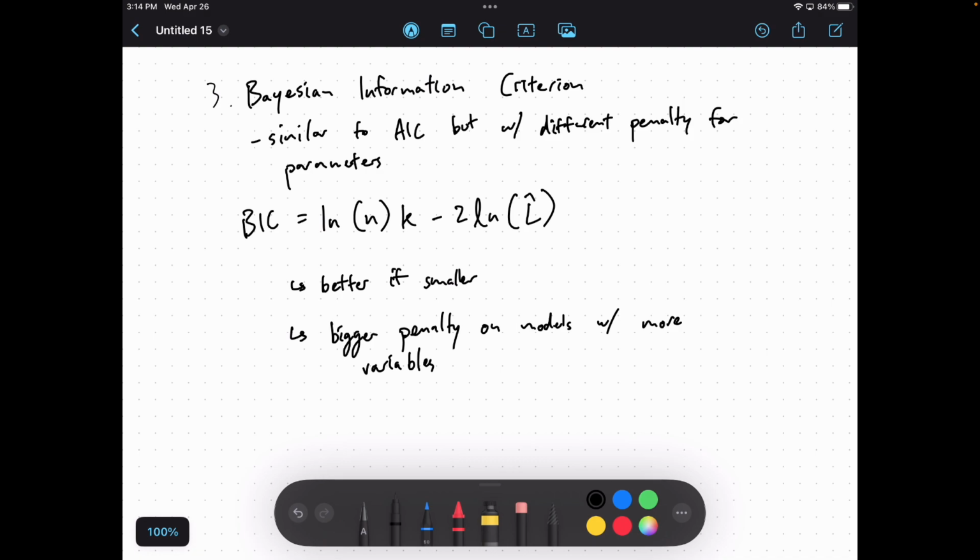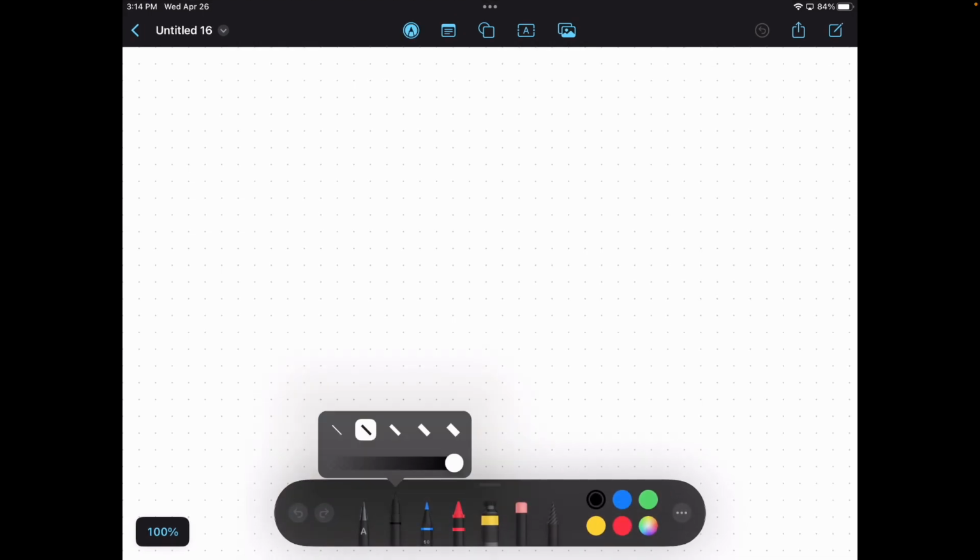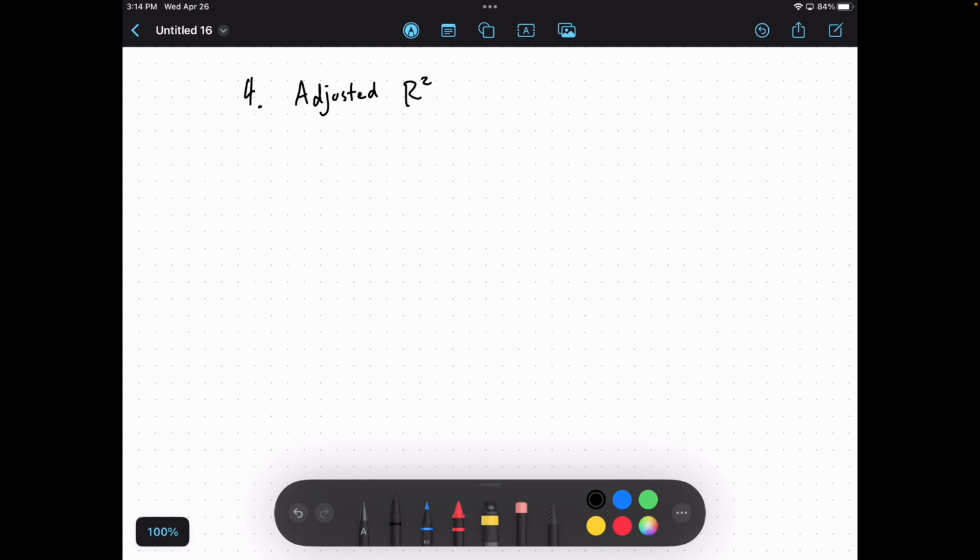Okay. I'm going to talk a little bit more about the comparisons between all these in just a second, but let's go through our very last one, which I've been making you guys wait on for a while now, I feel like. Adjusted R squared.